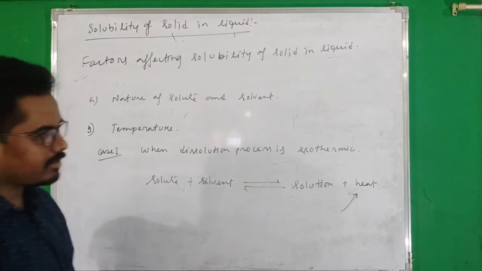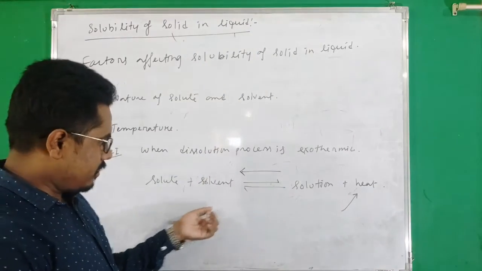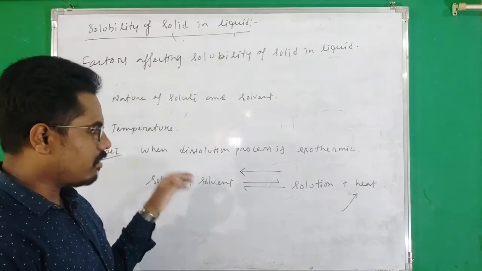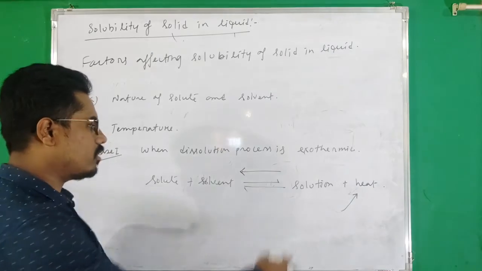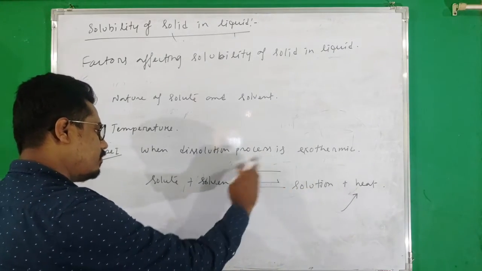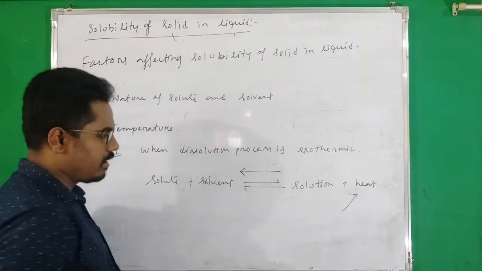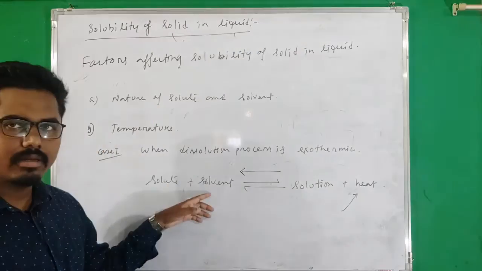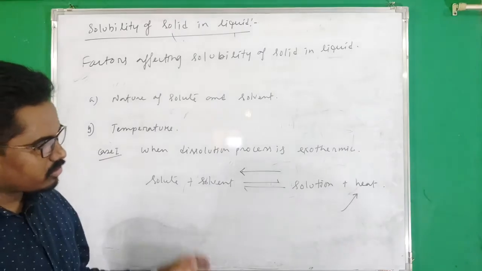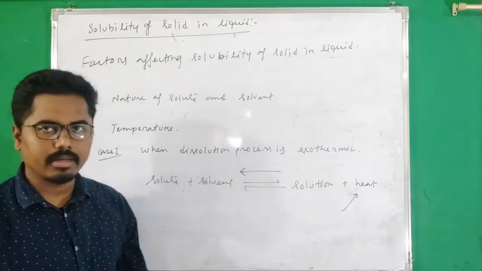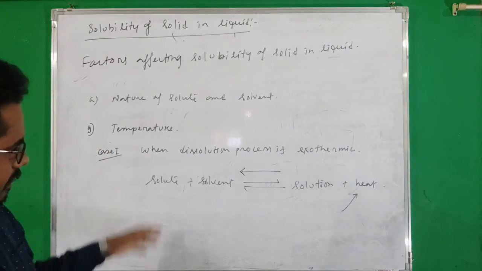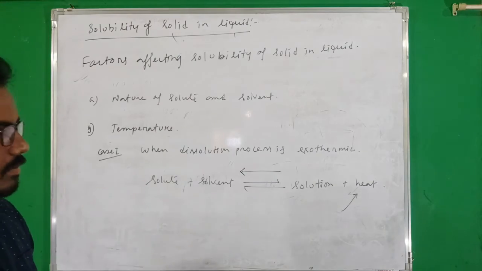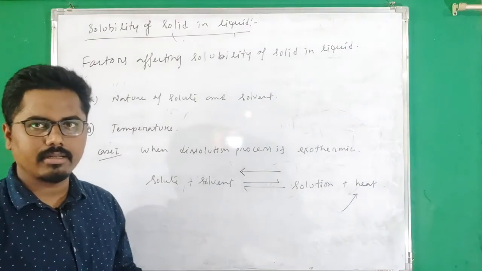And according to Le Chatelier's principle, the dissolution of the solute in the solvent decreases because the equilibrium shifts from right to left. So that means the solubility of a solute in a solvent decreases when the dissolution process is exothermic. We can explain this according to Le Chatelier's principle, which you have already studied in class 11.